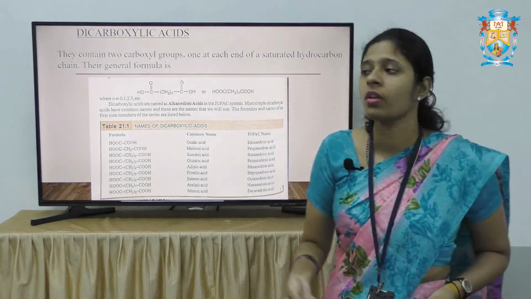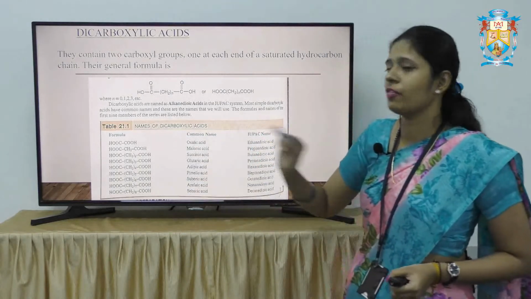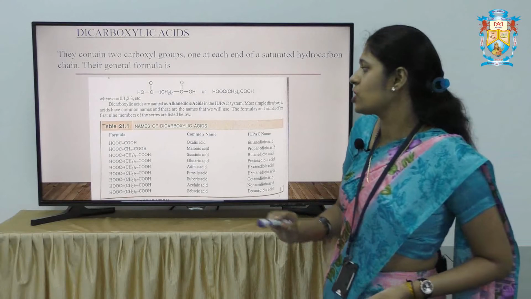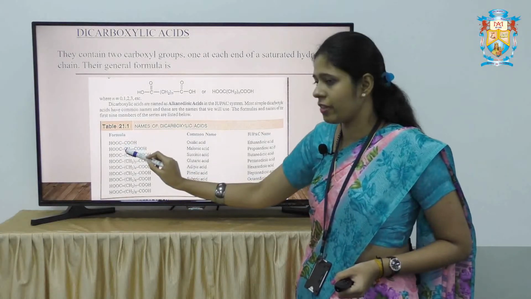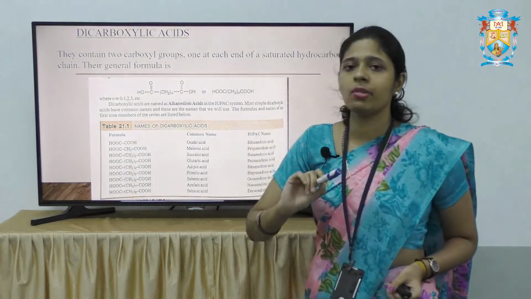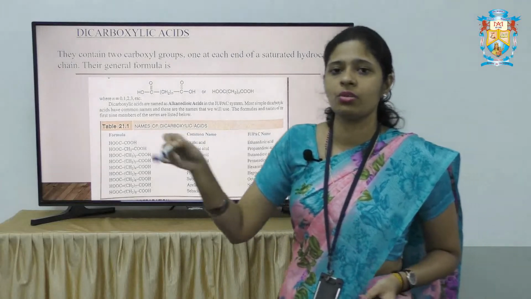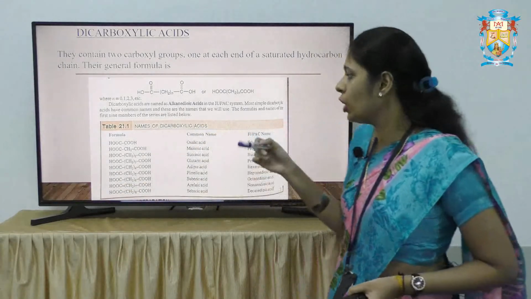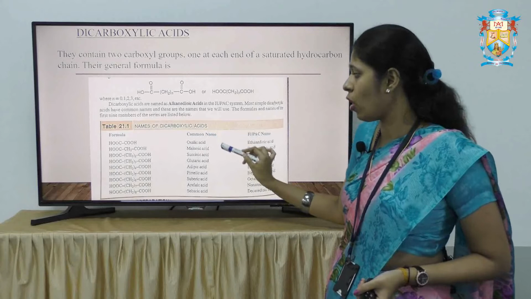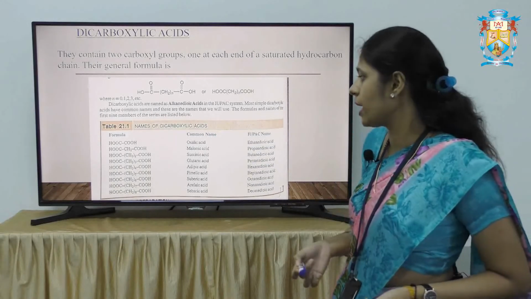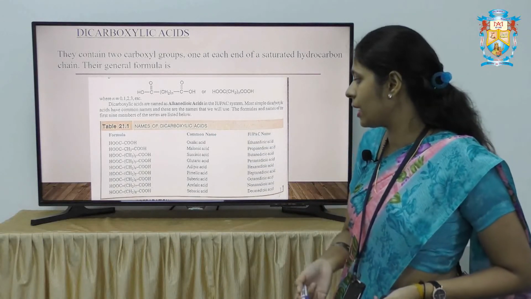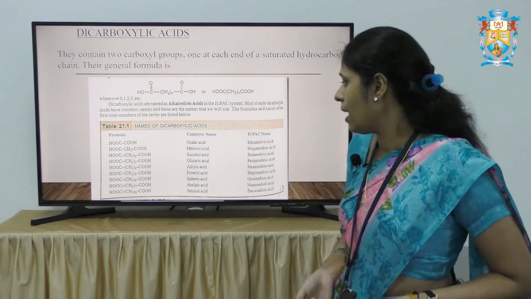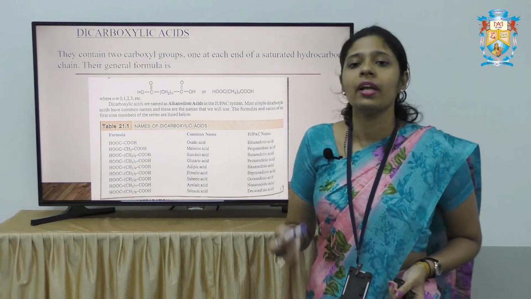So these are some examples of dicarboxylic acid in which there is just addition of CH2, in terms of n equal to 0, 1, 2, 3, and then we get molecules such as oxalic acid, malonic acid, succinic, glutaric, adipic, pimelic, suberic, azelaic, and the last is sebacic, and so on.